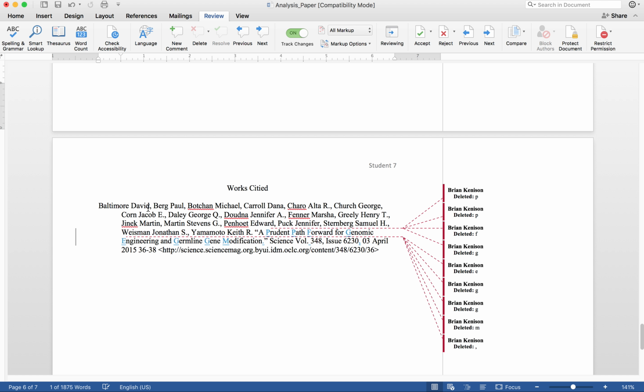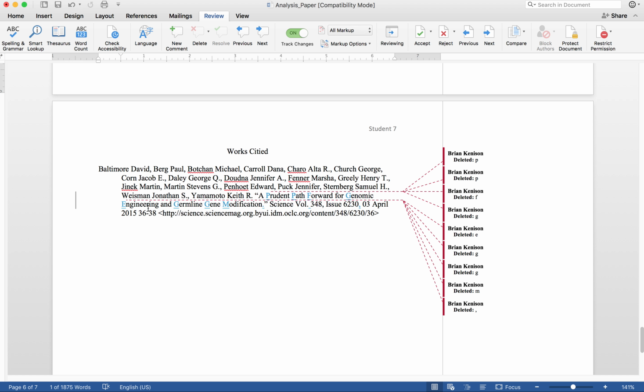Moving down into the works cited, and this is something that I wanted to show you. Again, there are 14 authors in this paper, and so they're all of these authors.